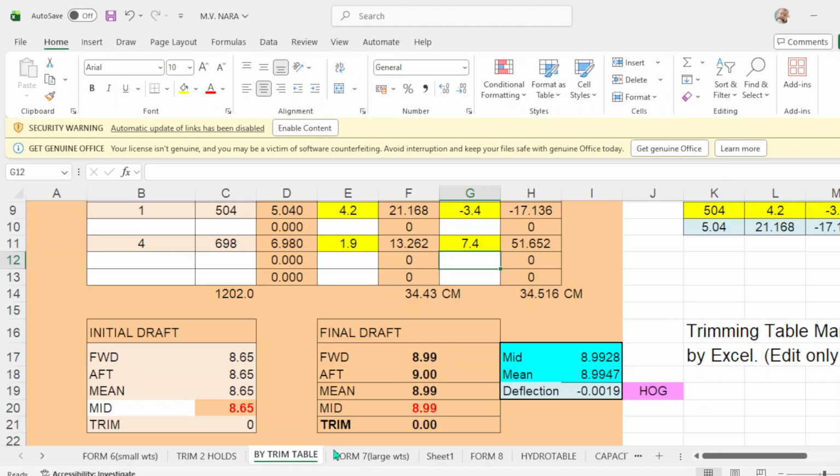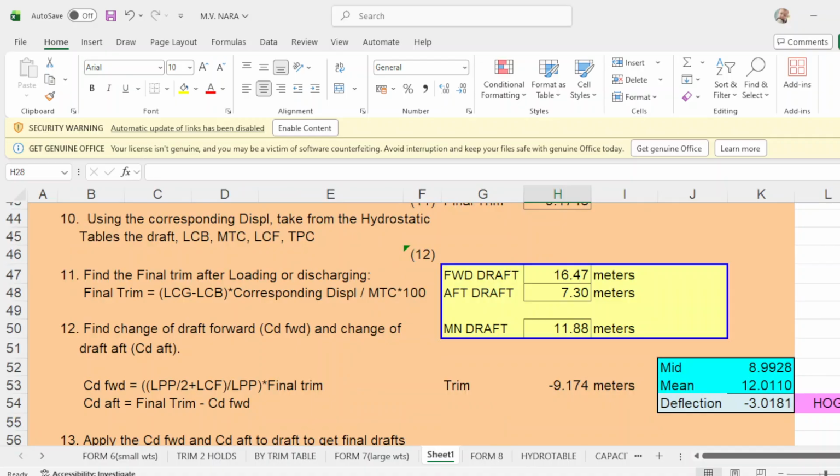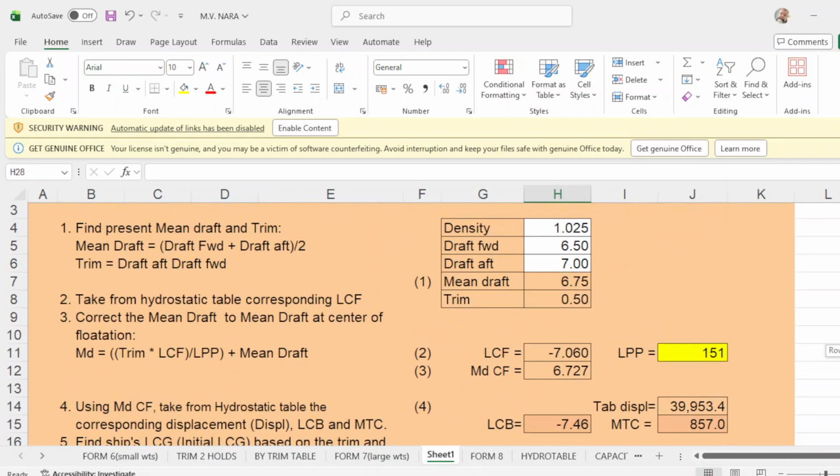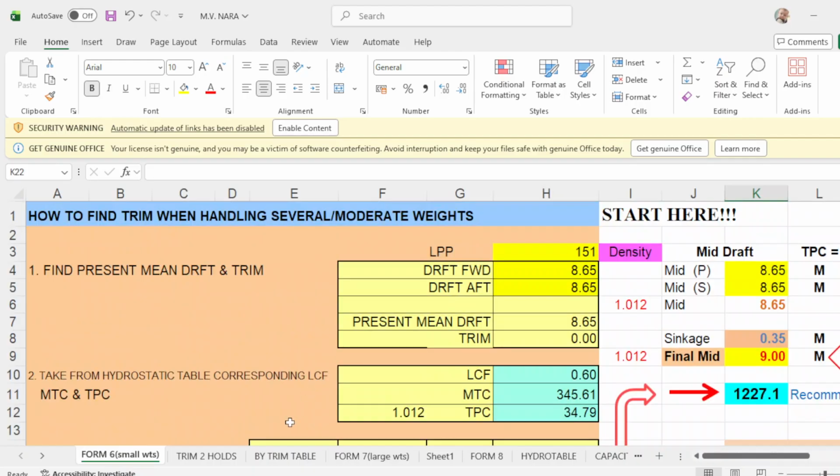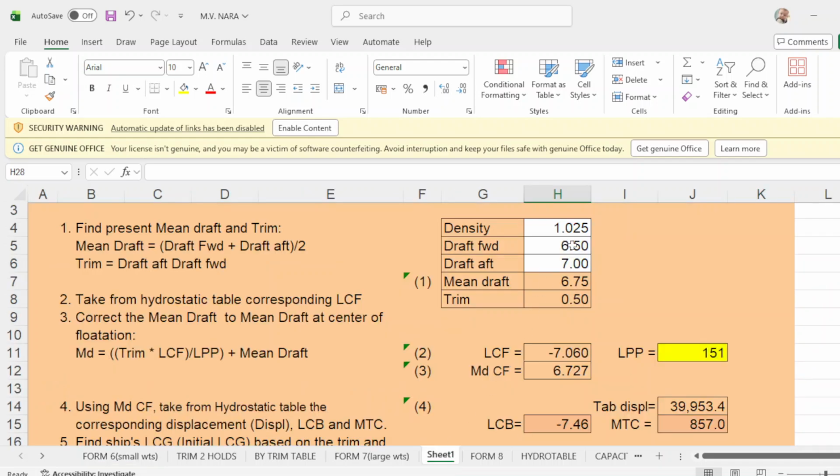Okay, and put this one. How much is draft forward? 865. This is 1.012, 865, which is 8.65.